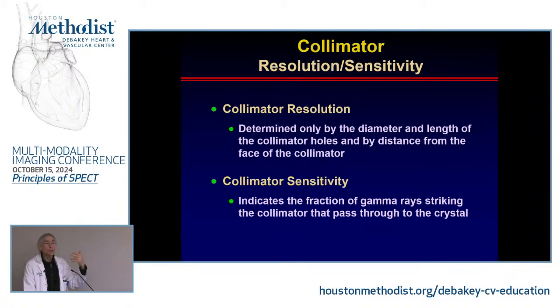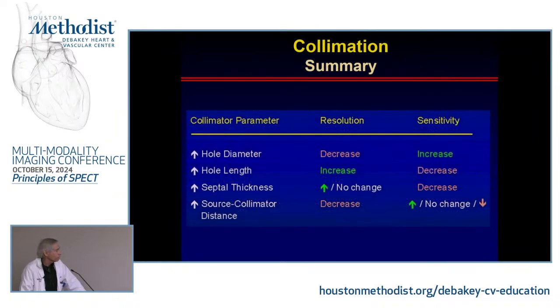You might imagine that those are inversely related. With narrower septi, bigger holes, and shorter holes, more photons are going to get through to hit the crystal, which increases your sensitivity, but that affects your spatial resolution, because a lot of those photons are going to be bad photons, not parallel photons.